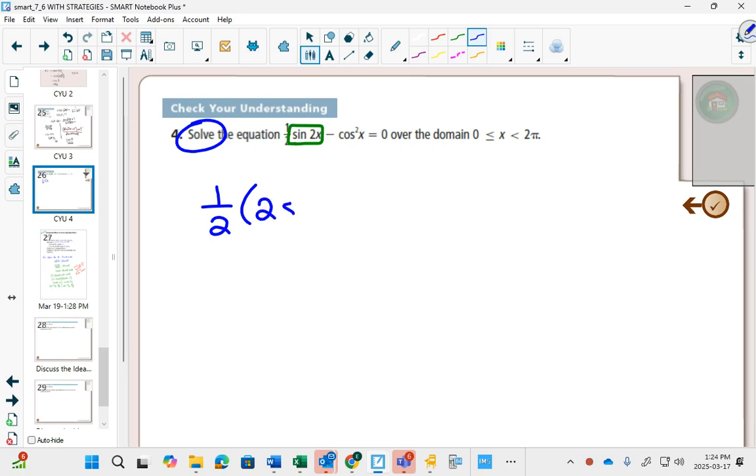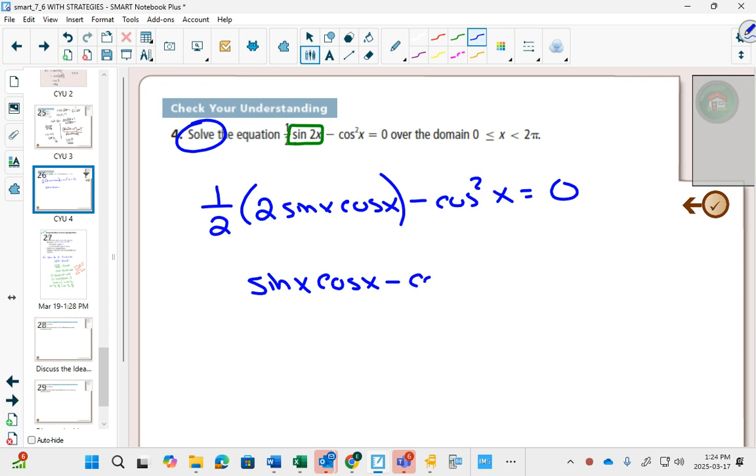I'm going to change that to 2 sine x cos x minus cos squared x equals 0. The 1/2 and the 2 will cancel out. And now you can see you could factor out a cos x.